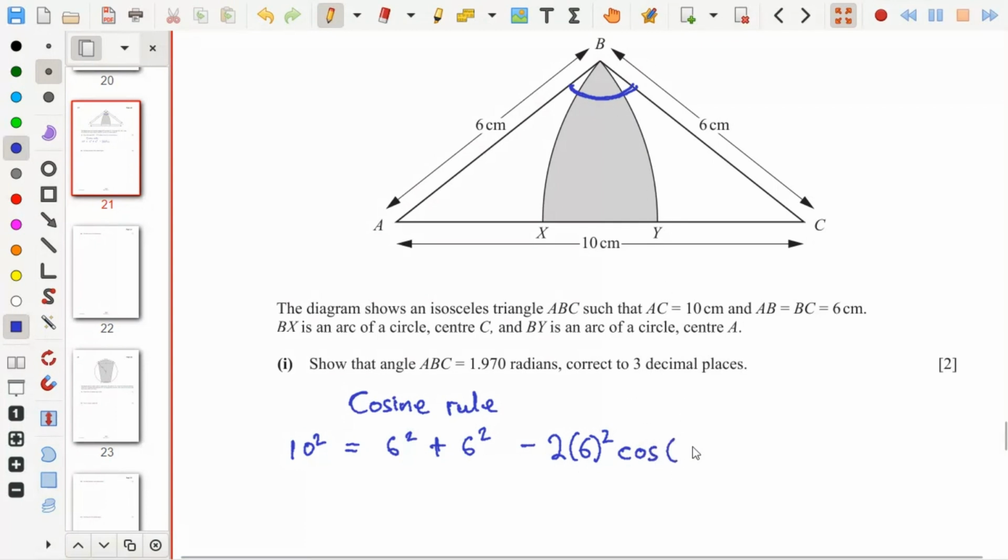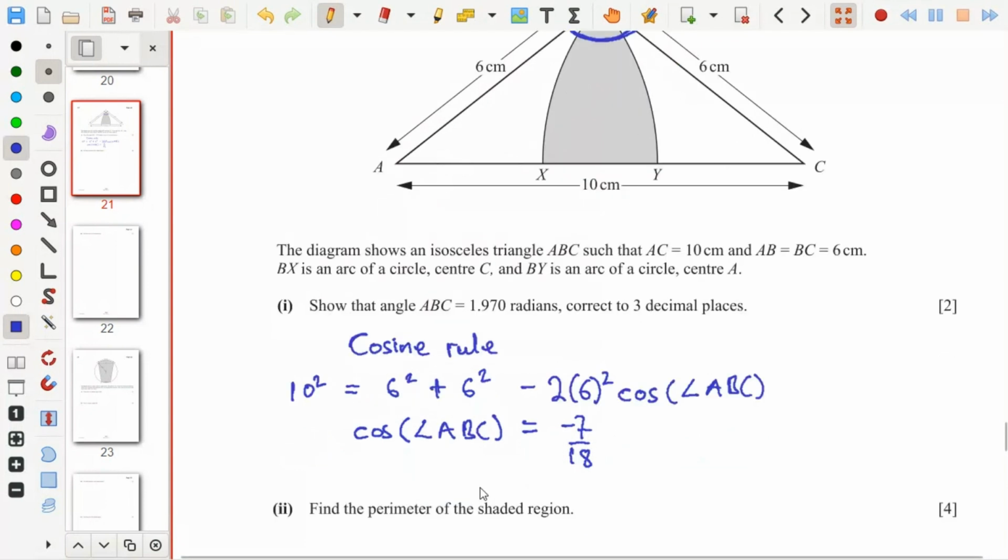The angle is what? Angle ABC. So this will give me cos of angle ABC is equal to -7 on 18.